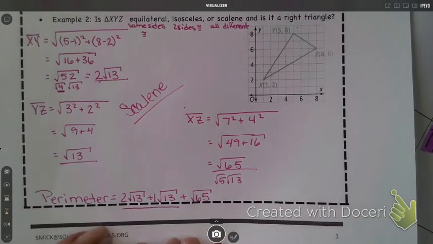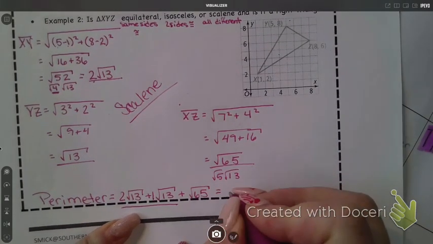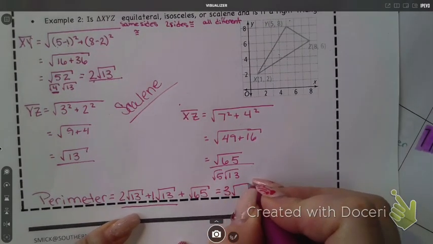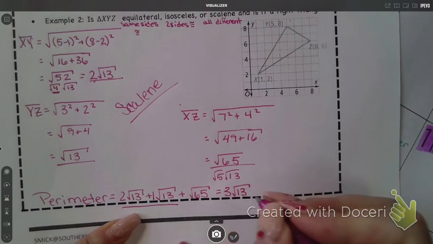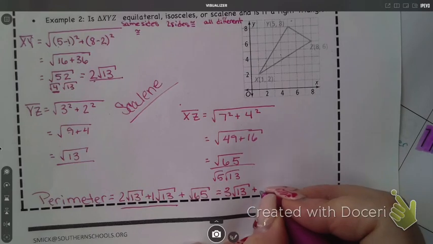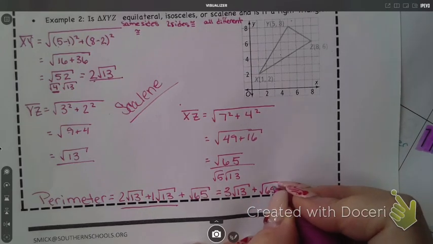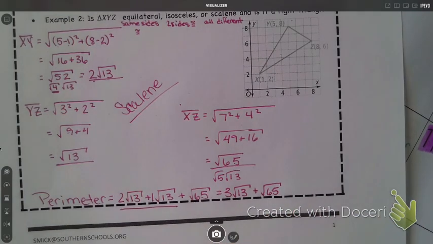So I have 2 square root of 13 and I have 1 square root of 13. I have how many? 3 square roots of 13, plus the square root of 65. And you would put any unit, right? Like if it gave me a unit, I'd put it on there, wouldn't I?